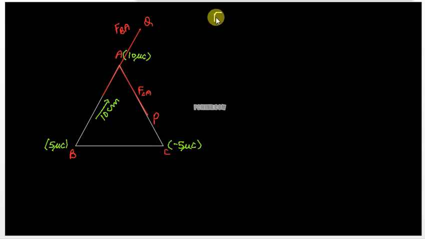So we have FBA is equal to, so by Coulomb's law, it's going to be 1 upon 4 pi epsilon naught QA, the charge at A, times QB upon AB square.